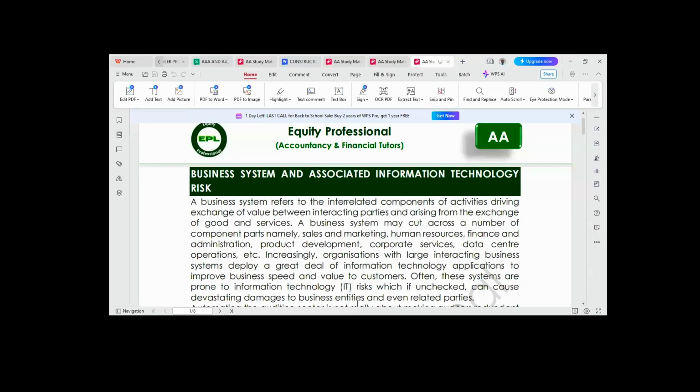Because the question they always ask here is usually straightforward and direct. And to my amazement, this topic is very, very relatable. In fact, just like any other topic we are talking about, it's what you see every day. Just that some of us cannot wrap our minds around some of these things. But these are things that you see every day.